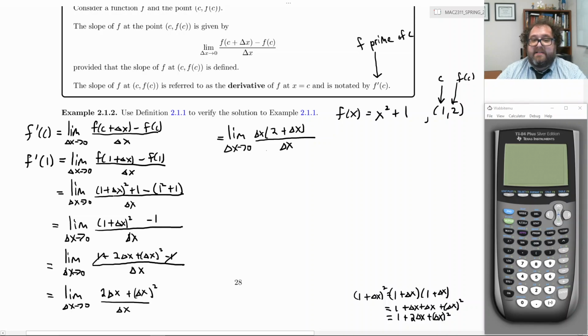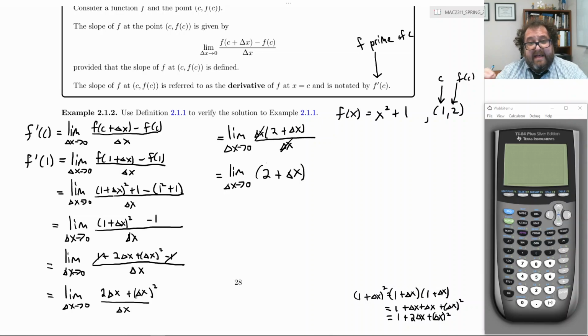And notice that's what we needed, because now we can divide out the delta x on the numerator and denominator, which leaves us with this. We don't any longer have a quotient. We simply have a nice algebraic expression.